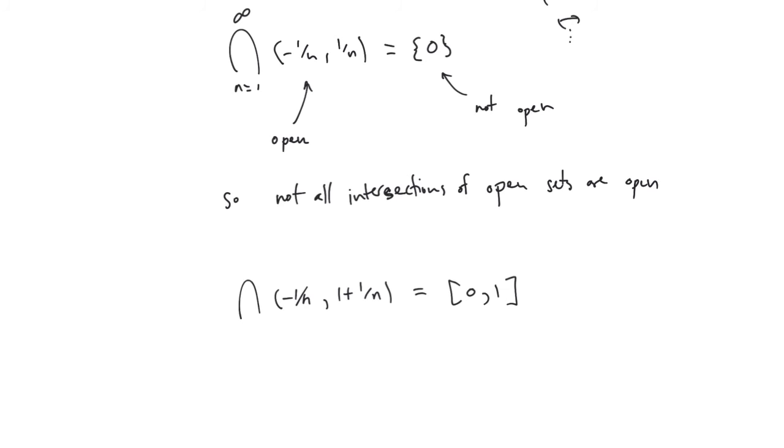You can see clearly an intersection of open sets which gives you a closed interval, which is not an open set. All right? That's just another example. So an infinite intersection of open sets may not be an open set.